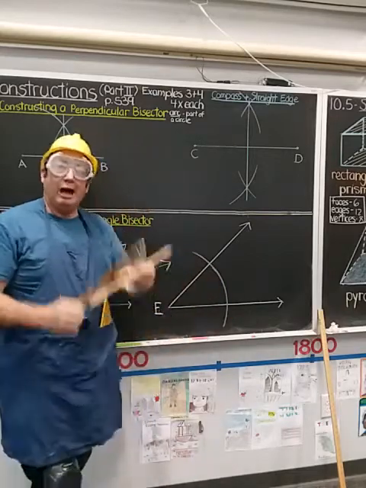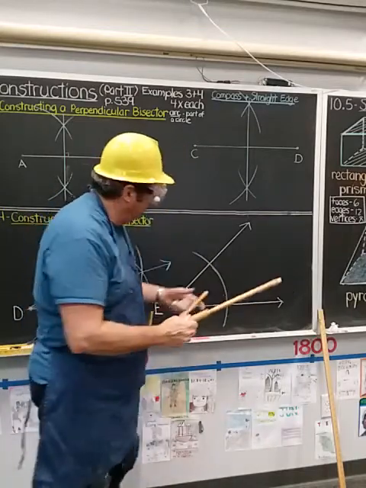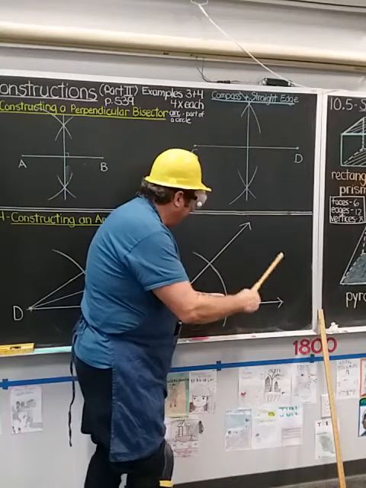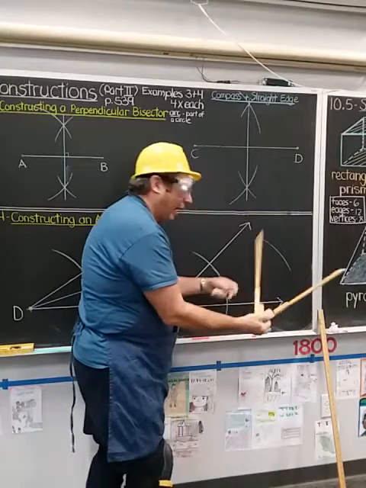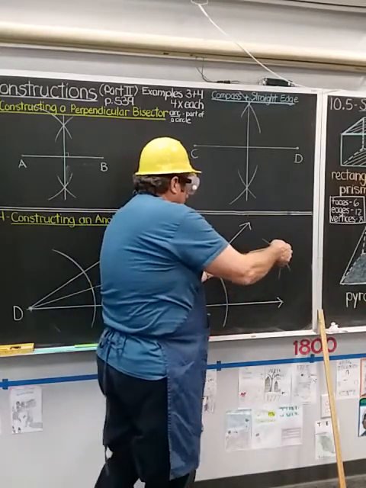So I made an arc. Now I can open or close this, because out here someplace I want to draw 2 more arcs that intersect. I put this point down here on that intersecting point, and I draw this out here without opening or closing. That's very important. Don't open or close your compass at this point.